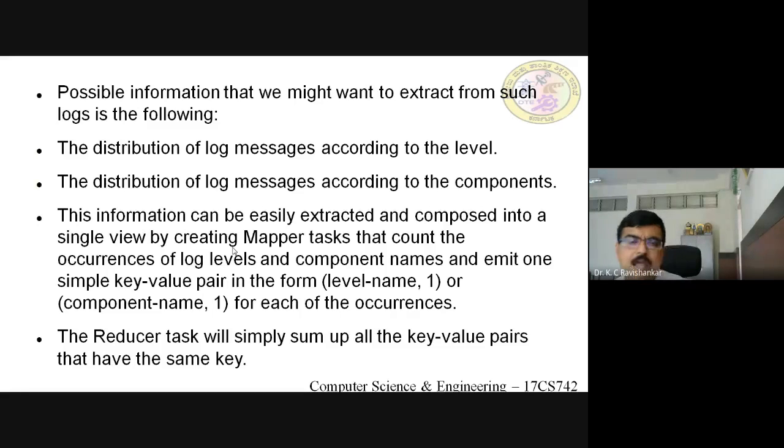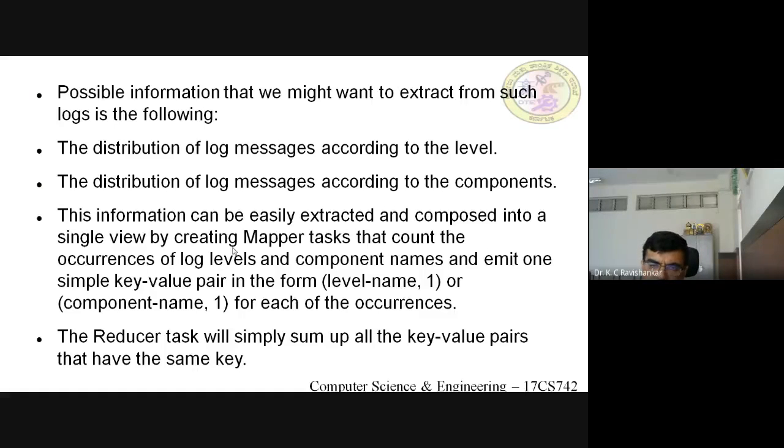Maybe you can have multiple component names, and if a similar component name occurs multiple times, then the number will be increased. So this is what we have discussed in the MapReduce algorithm.